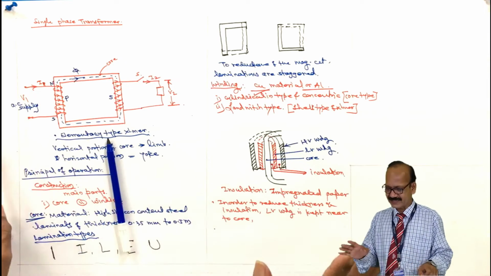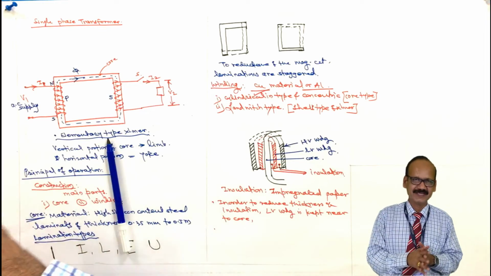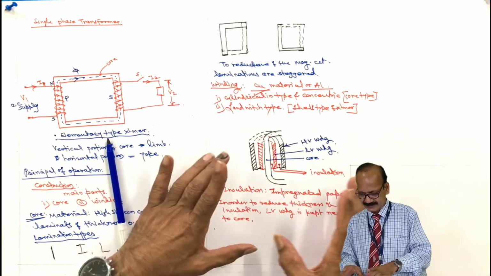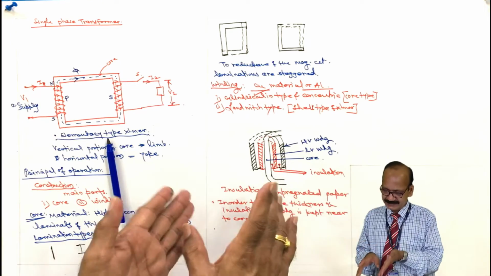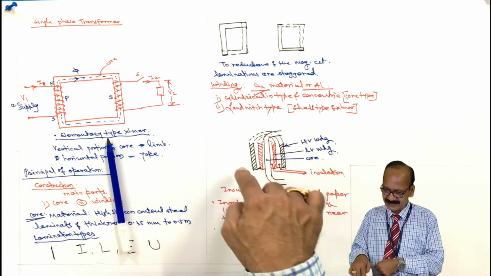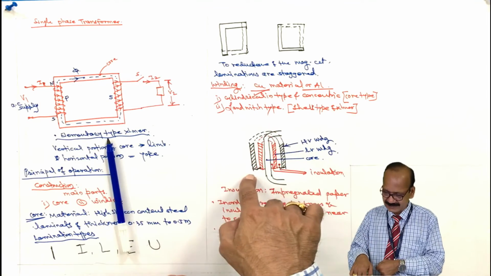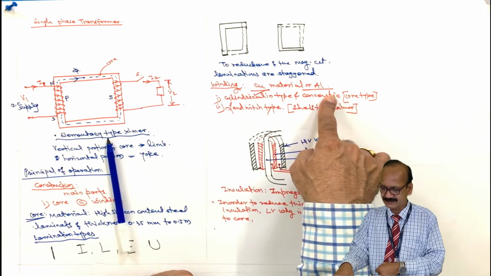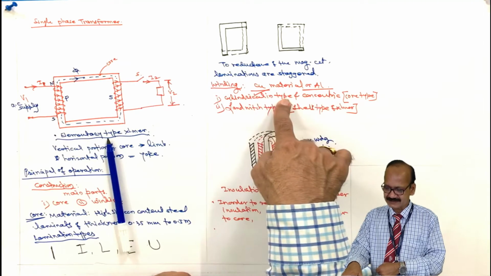So in this way, both the windings LV and HV are placed one above the other on both the limbs. Okay, so I think there would be no difficulty. And this structure looks like a cylinder in cylinder, and that's why it is called cylindrical type and concentric. So the name is like this.